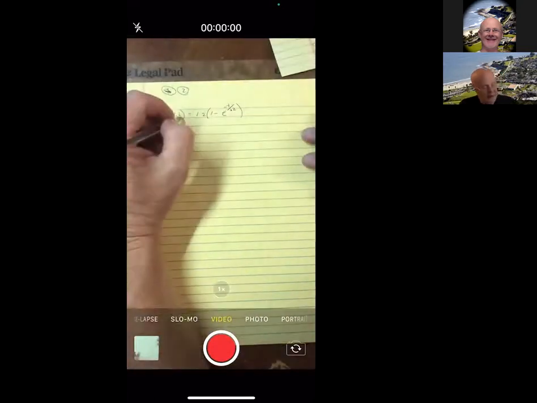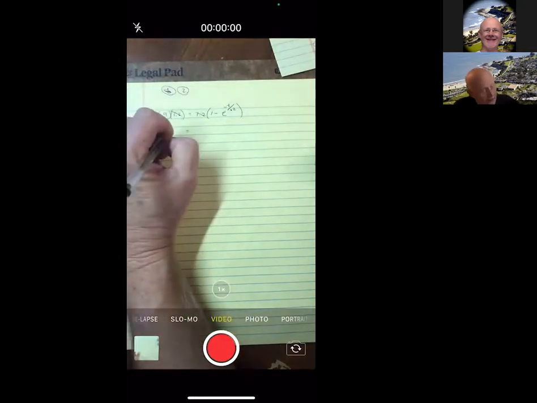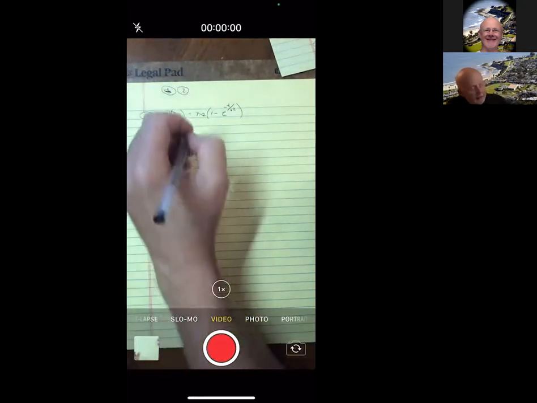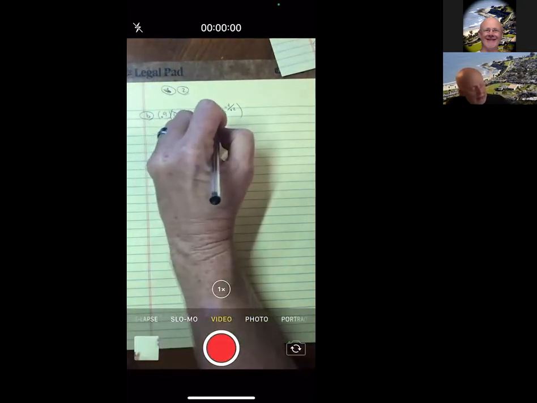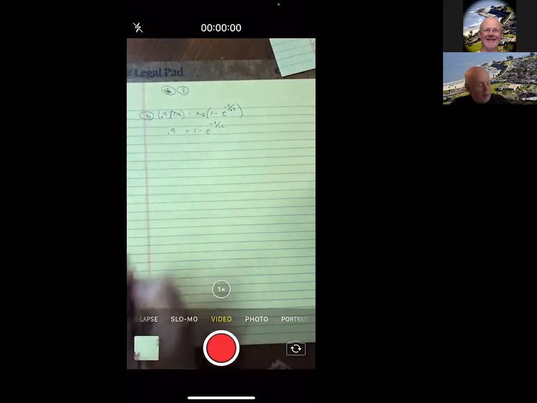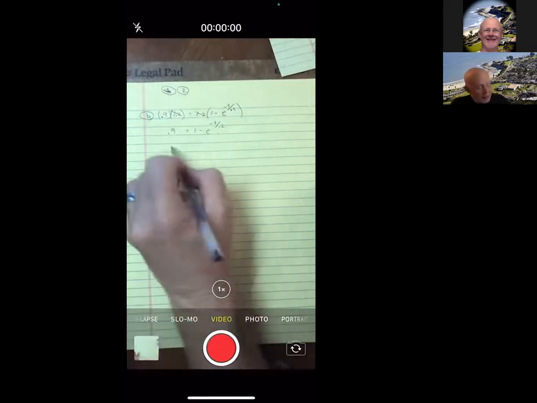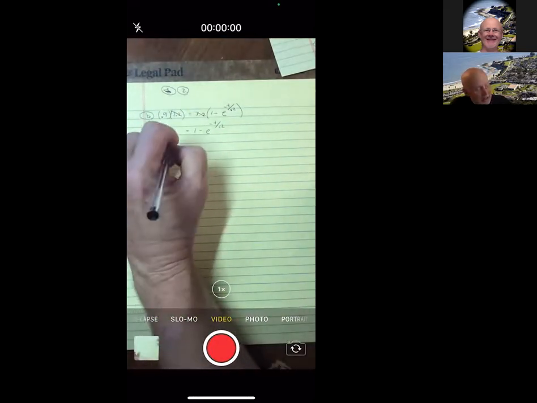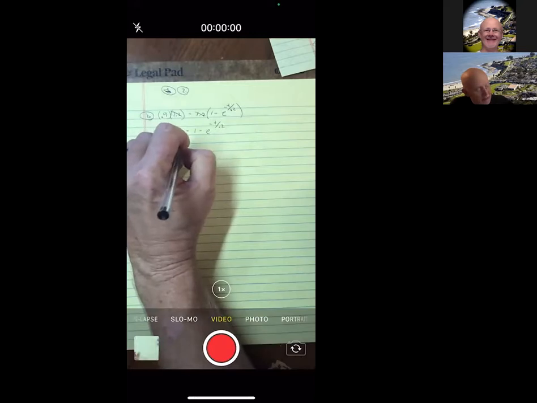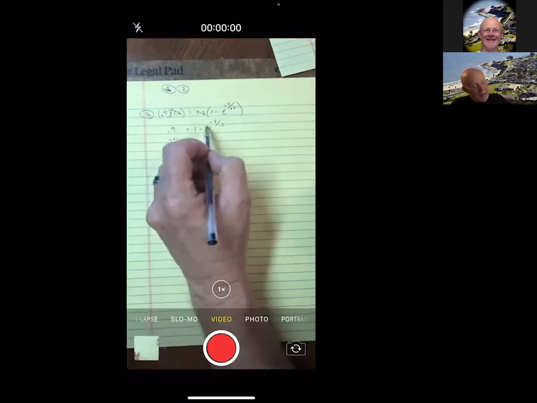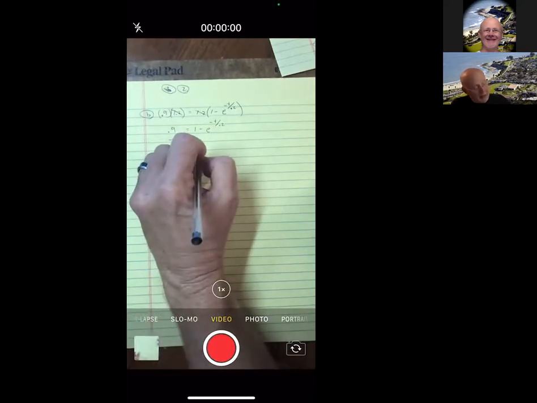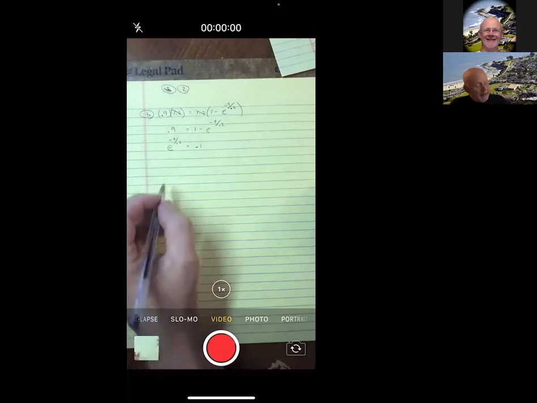So 0.9, and then that would be 1 minus e to the minus t over 0.2. Move this to the other side, e to the minus t over 0.2. Move the 0.9, and so I got 1 minus 0.9, which is 0.1.